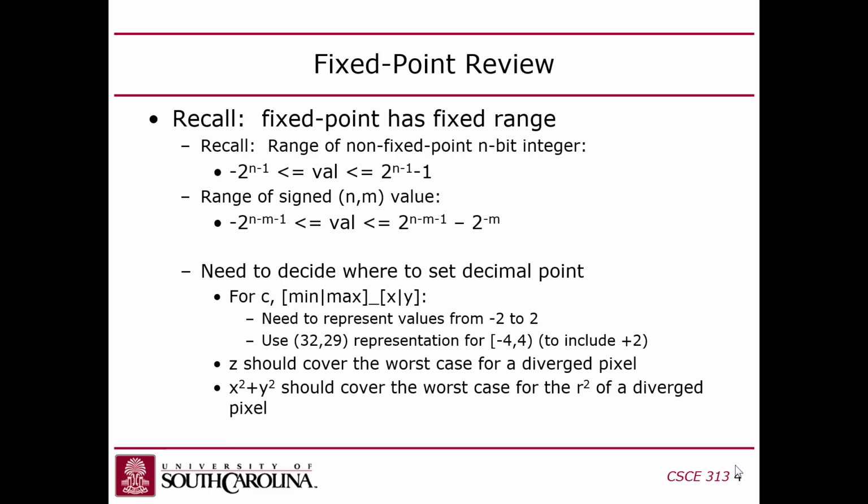Recall that fixed point has a fixed range. That's why fixed point is kind of obscure, because whenever you use fixed point, you have to worry about the range of values that you want to represent with it. Now you might say, well, technically floating point has a range too that you can't go outside of. You can overflow or underflow a floating point number.